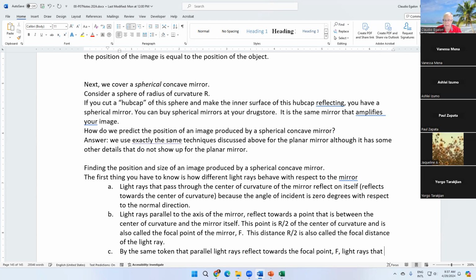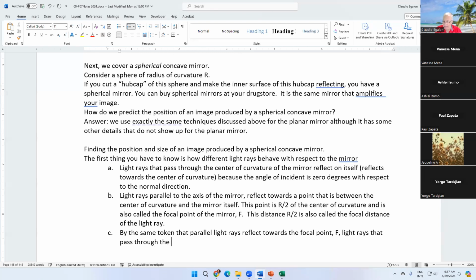Light rays that pass through the focal point are reflected parallel to the axis of the mirror. So we have 3 different light rays: the light ray that passes through the center of curvature, the light ray parallel to the axis of the mirror, and the light ray that passes through the focal point.